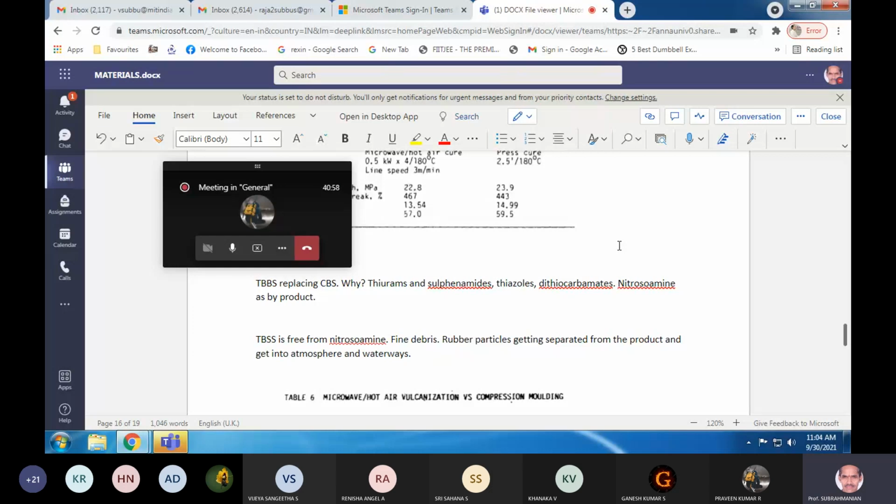And rubber is another example that, even after its use, one can recycle, reclaim, recycle, reclaim.